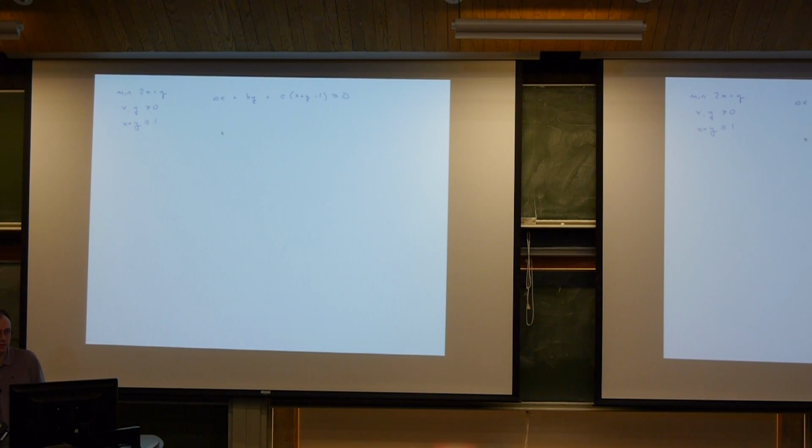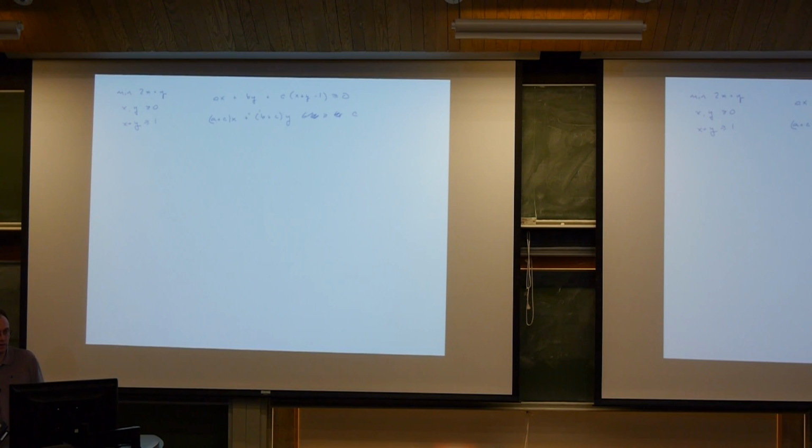Then I'll gather together all of the x terms. So I'll have (a plus c) x plus (b plus c) y minus c is greater than or equal to 0. And actually, I'll just move this over, so that's greater than or equal to c, because it doesn't have an x or a y in it.